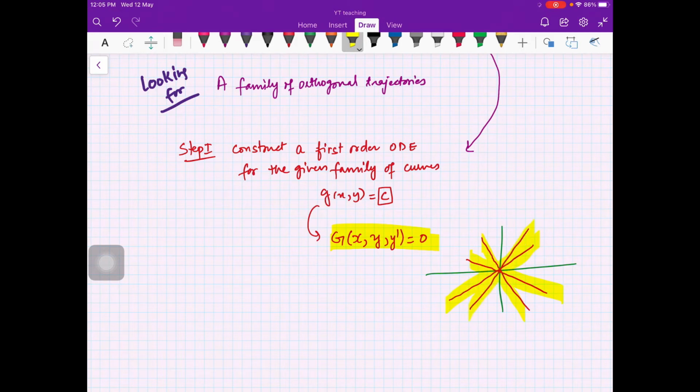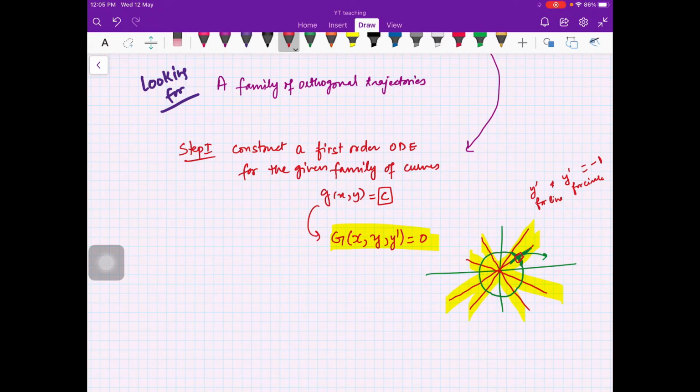Right, now what you are looking for is this family of circles. Now how are y dash for this line and y dash for this circle related? We know that y dash for line into y dash for circle is equal to -1, because that is the condition of orthogonality, and we don't have to worry about points because it is true everywhere.